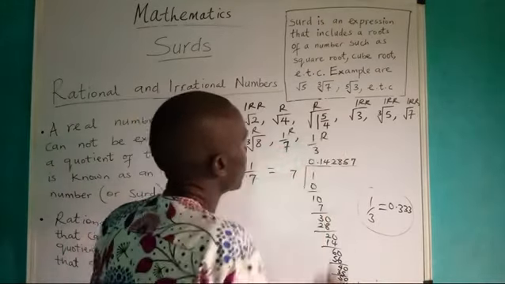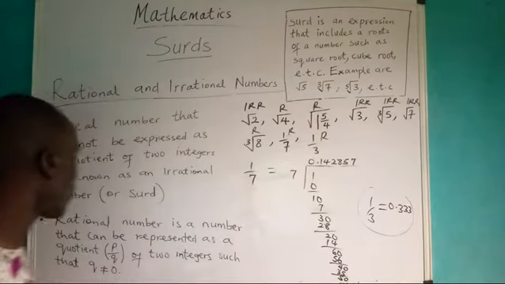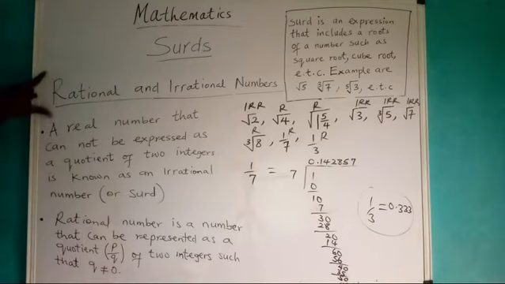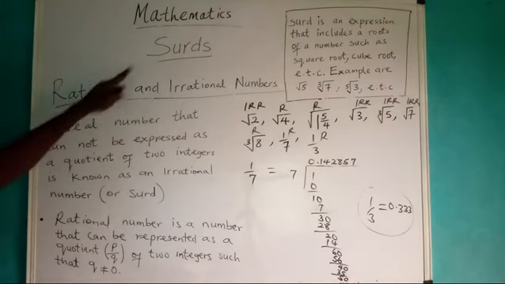Meaning any number that can be expressed in form of a fraction, or quotient, or decimal, whether repeating or recurring, we call rational. But rational has no business with surd. Take note, rational has no business with surd.